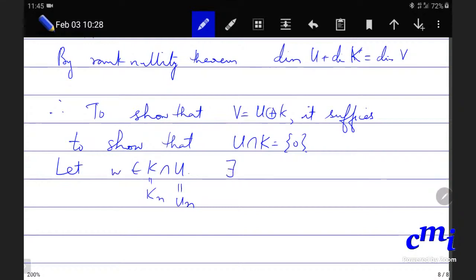There exists v in V such that w is T^m of v, because w is in U_m.